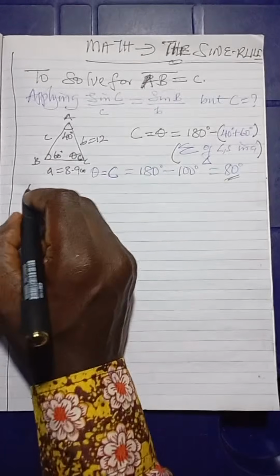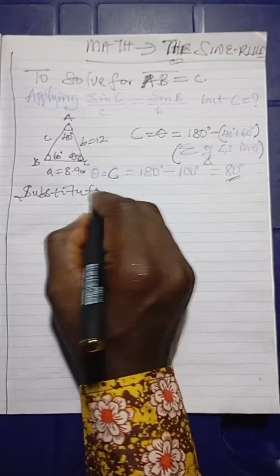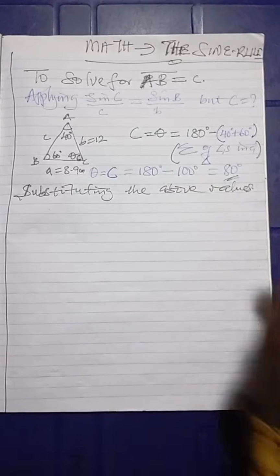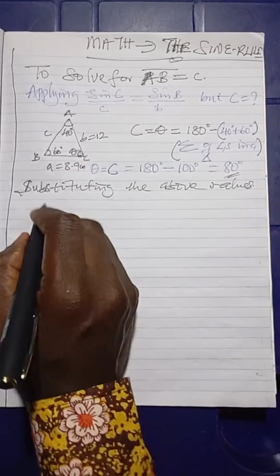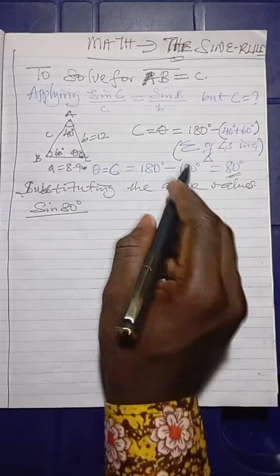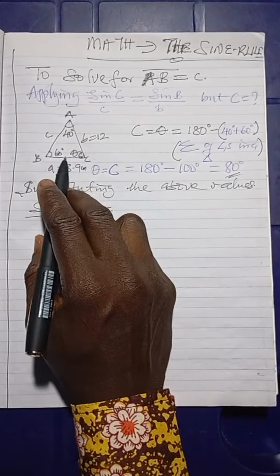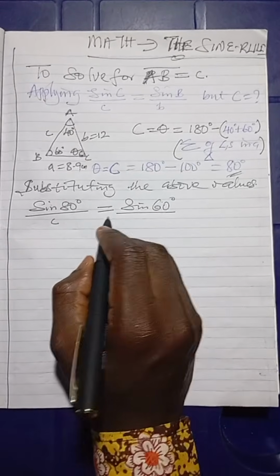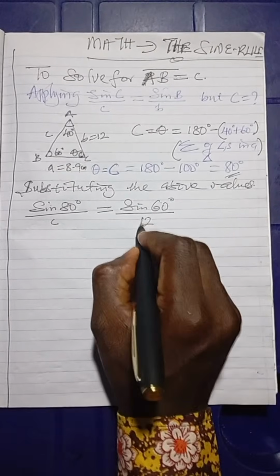So since C is this, substituting the above values, you have sine 80 degrees over our small c, which is not known, is equal to, we are making reference to b, sine 60 divided by our b, which is 12 cm.